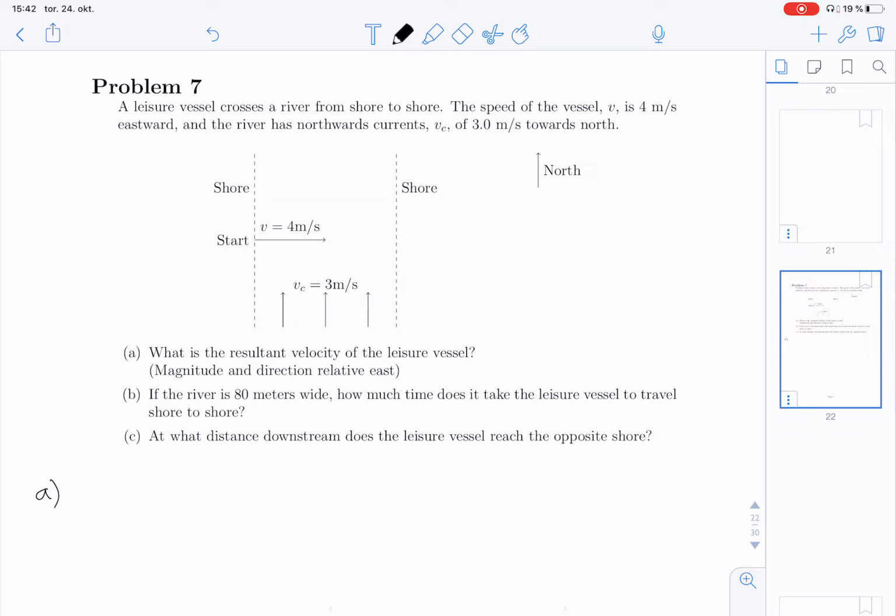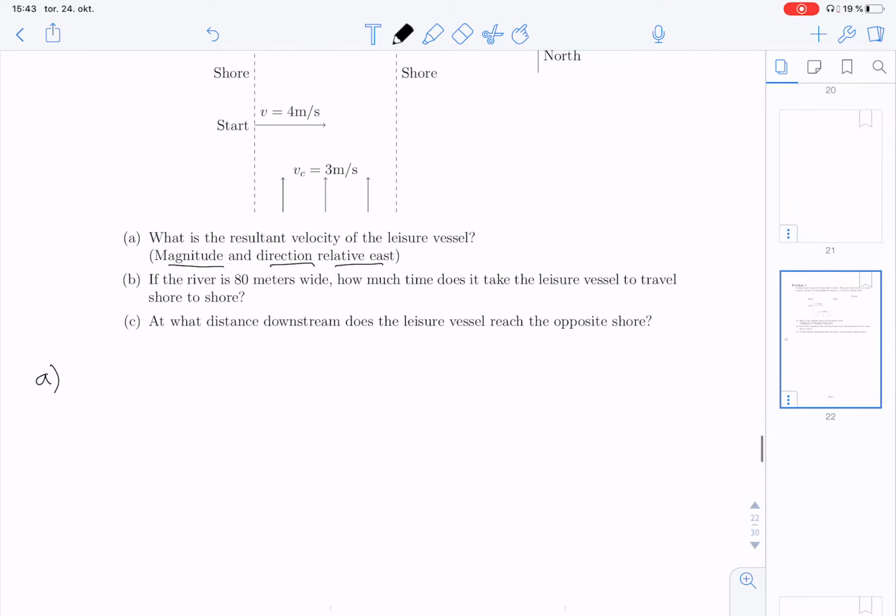And we're asked what is the resultant velocity of the leisure vessel, and we want it in magnitude and direction relative east. So if we look at this, we have 4 meters per second, which is the speed of the vessel, and we have 3 meters per second as the speed of the currents.